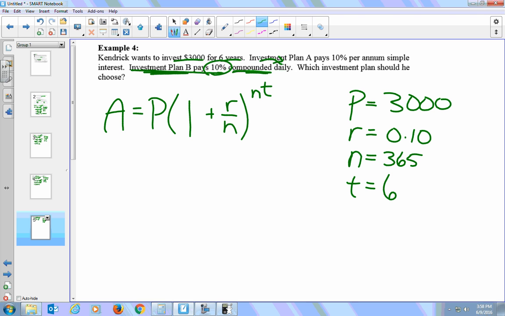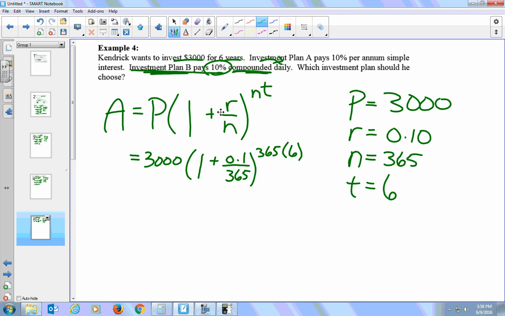Now we plug that in, plug in our amounts: 3,000, 1 plus 0.1, n is 365, and then 365 times 6.